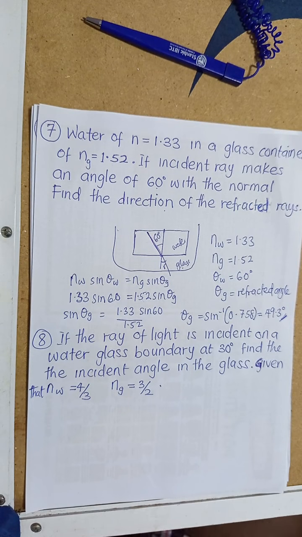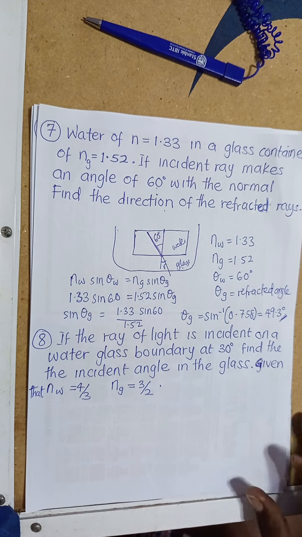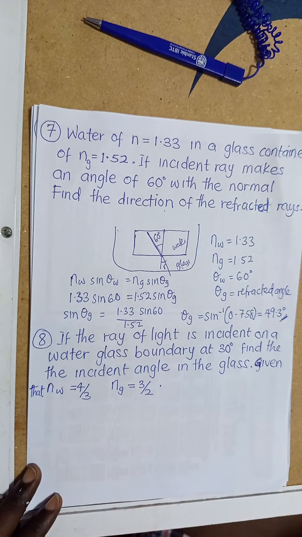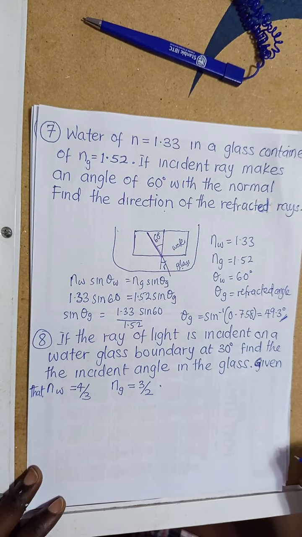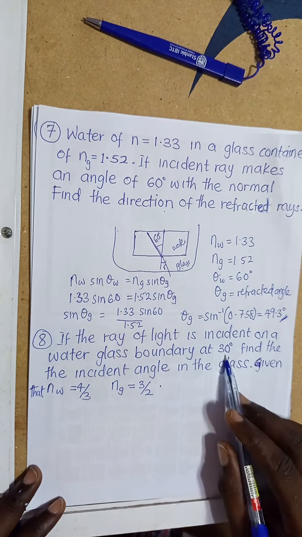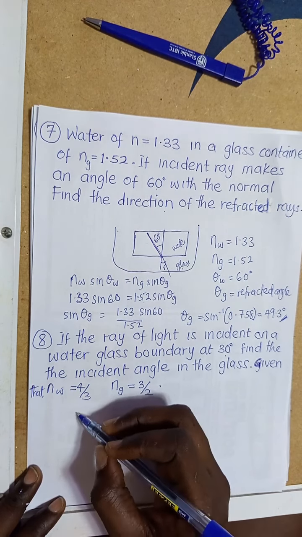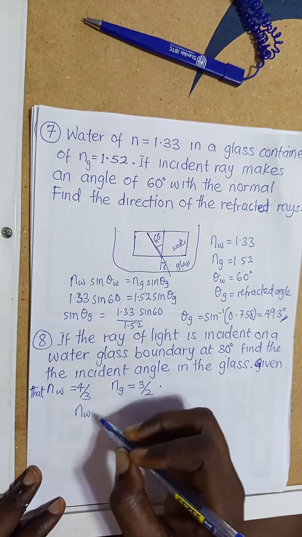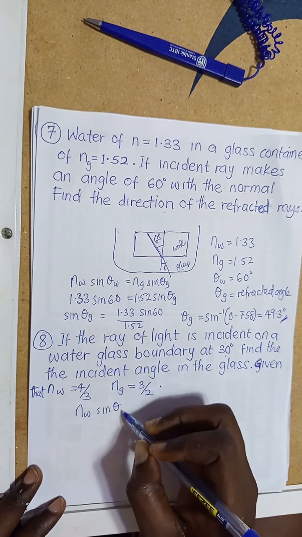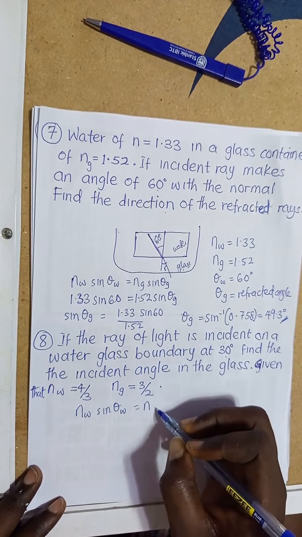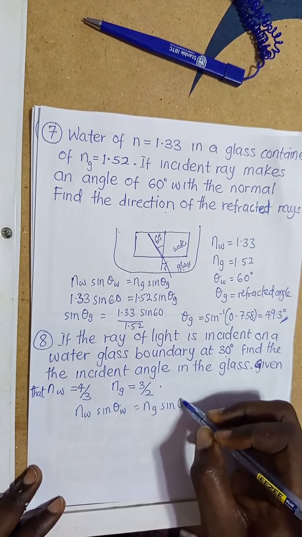Number 8 says, if the ray of light is incident on the water-glass boundary at 30 degrees, find the incident angle in the glass. So we know that n water sine theta in water equals n glass sine theta in glass.